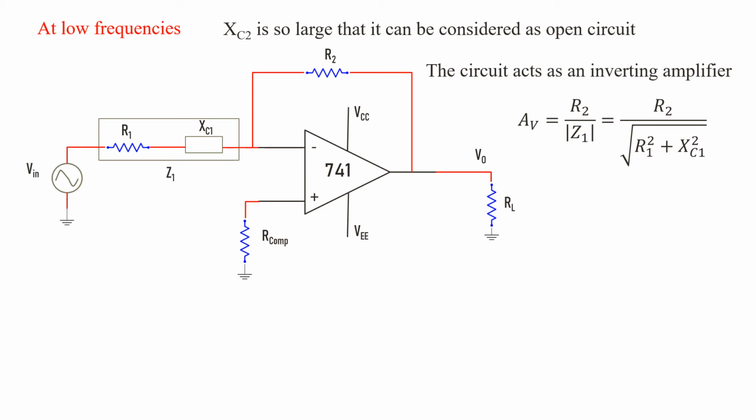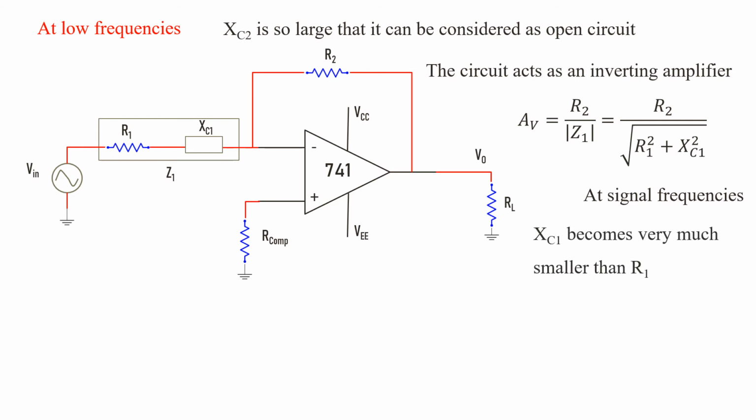Now as the frequency increases, what will happen to the capacitive reactance? As the signal frequency goes on increasing, the capacitive reactance Xc1 becomes very much smaller compared to R1. So we can neglect Xc1 from the denominator expression of the voltage gain, and we can write AV is approximately equal to R2 by R1.